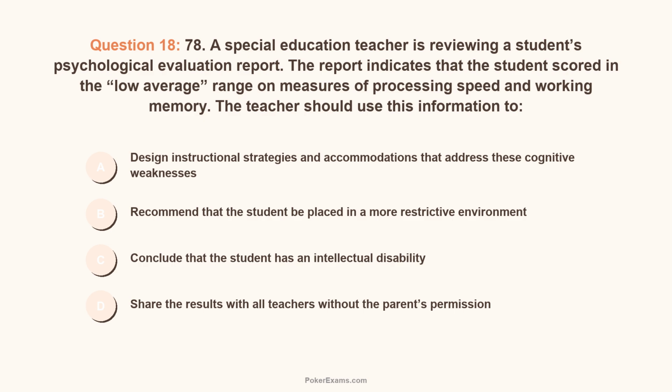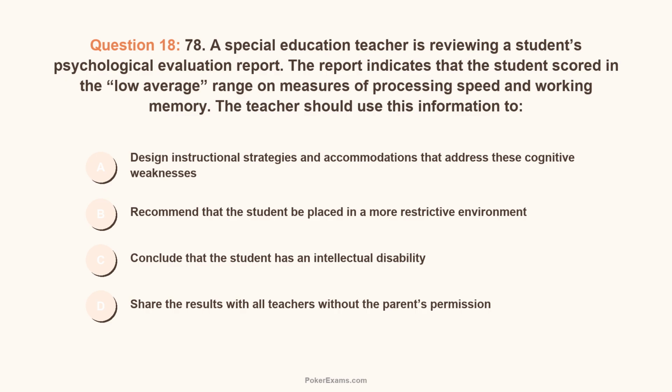Question 18. 78. A special education teacher is reviewing a student's psychological evaluation report. The report indicates that the student scored in the low average range on measures of processing speed and working memory. The teacher should: use this information to design instructional strategies and accommodations that address these cognitive weaknesses.